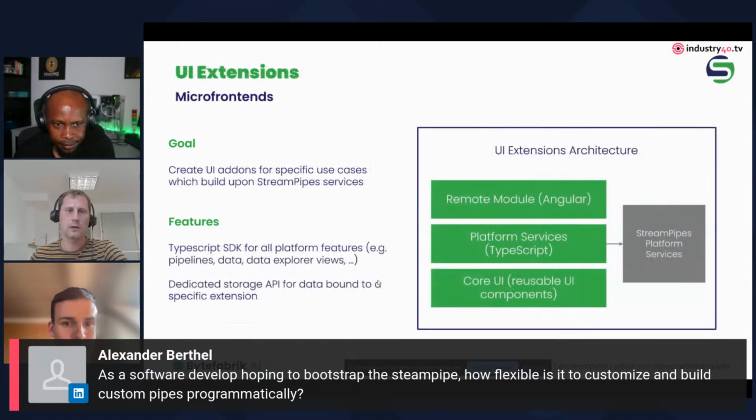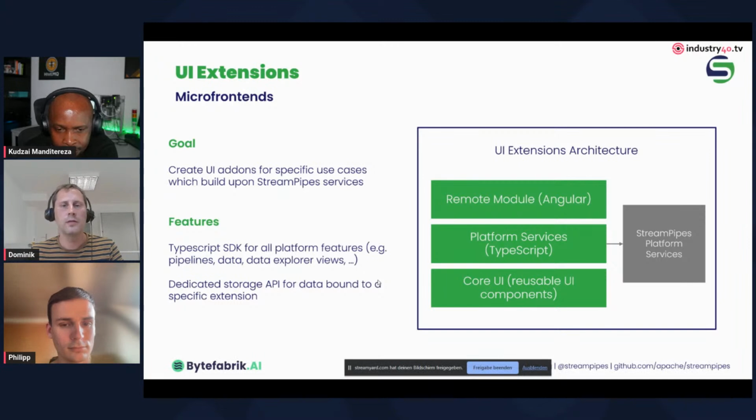Continuing with extending StreamPipes in terms of the user interface. We use micro frontends, which you can use to easily add your own user interface plugin. That's a very cool technology, because we can just use the StreamPipes instance to have additional modules that are authenticated and reuse the business logic and logic of the UI.